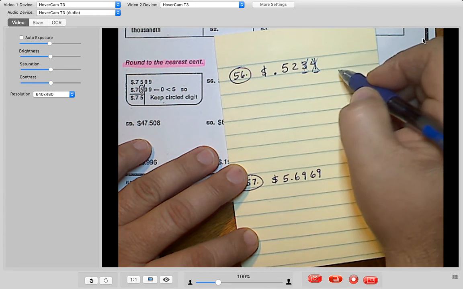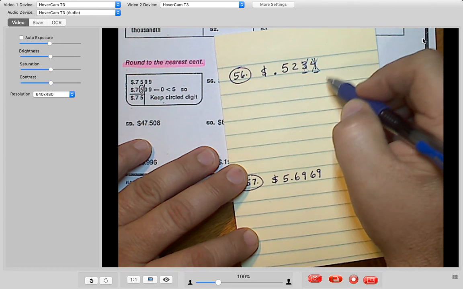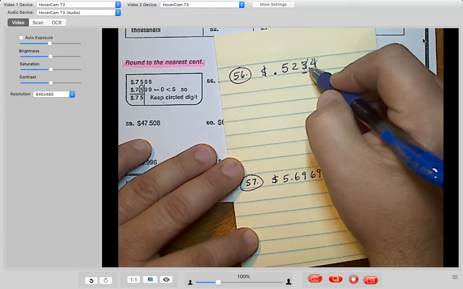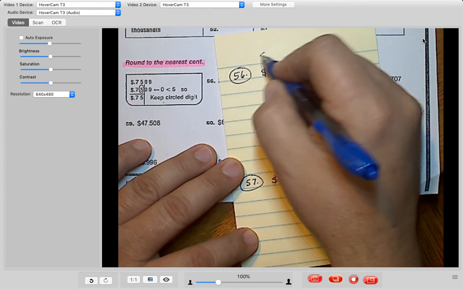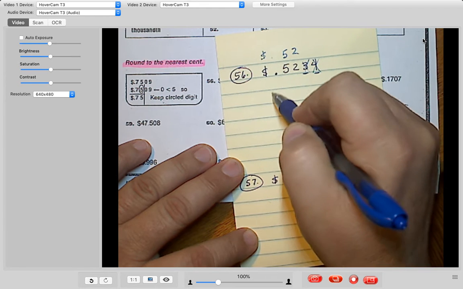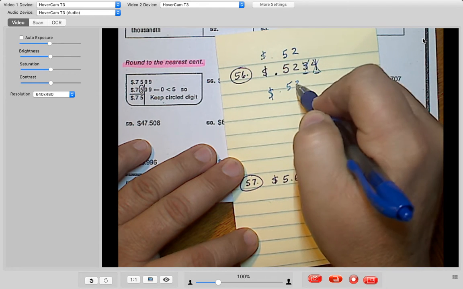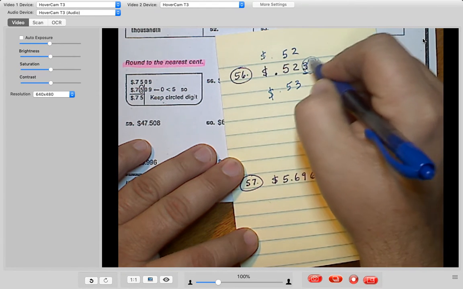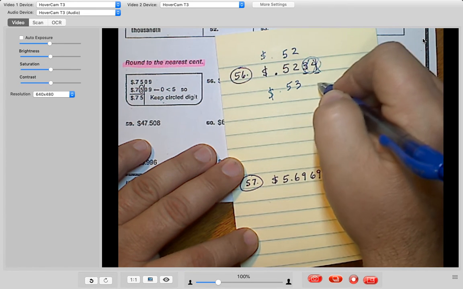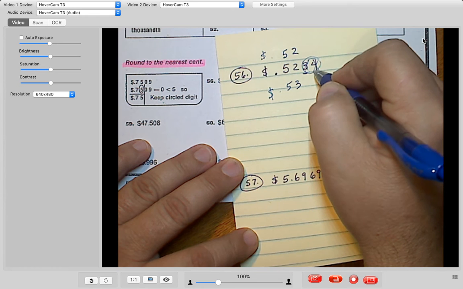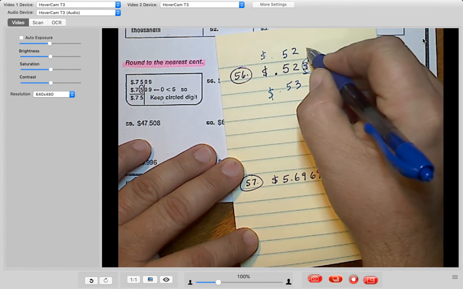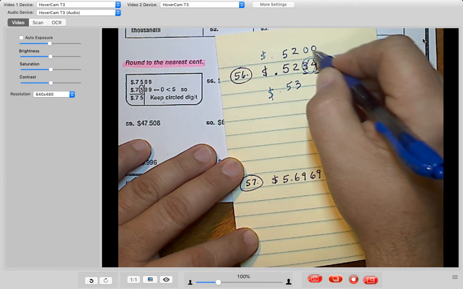Well, in mathematics, you can't just eliminate things without having a little bit of logic to it. So in this case, we're going to say, is it closer to 52 cents or is it closer to 53 cents? Well, the 34 is out of a total of 100, right?